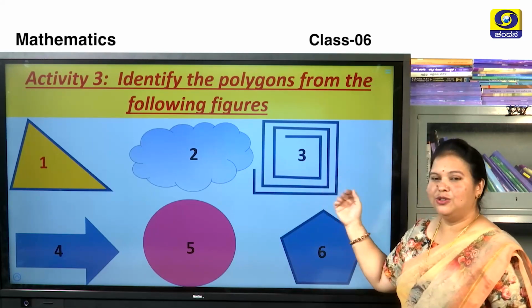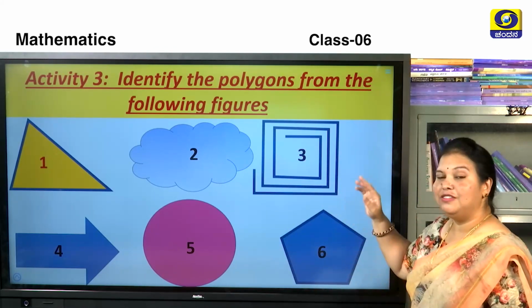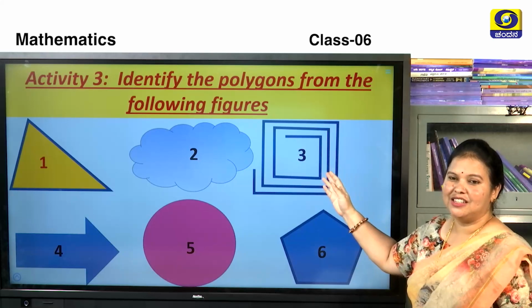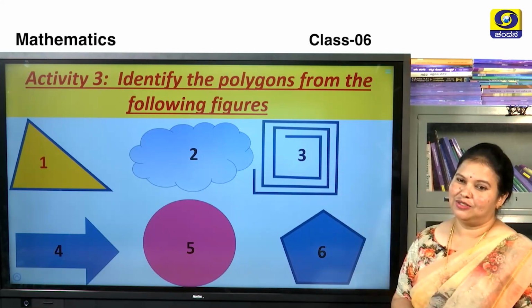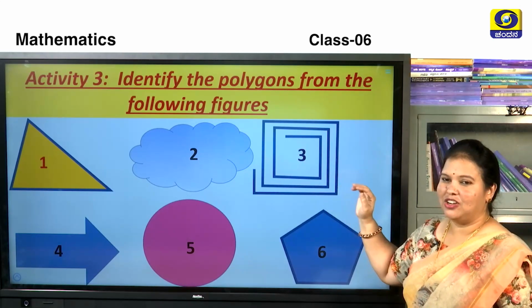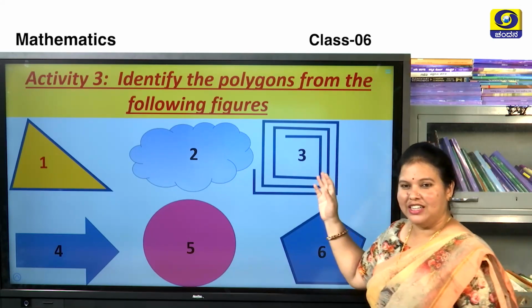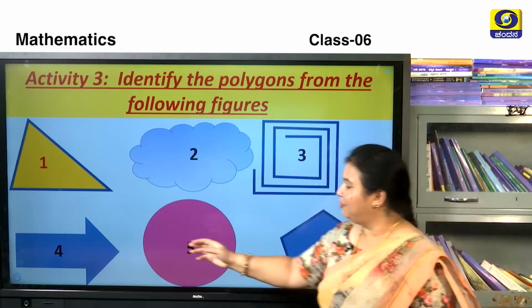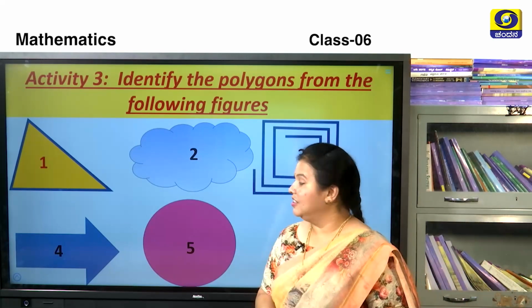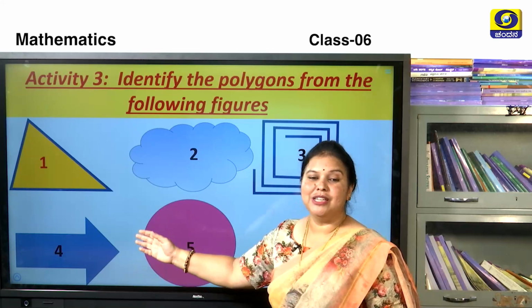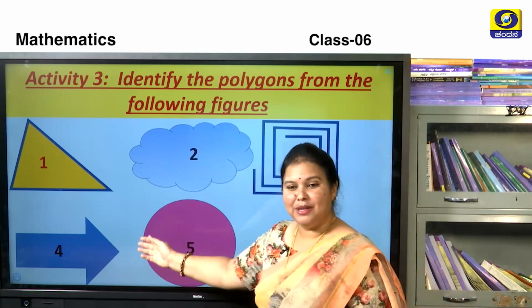So we cannot call it a polygon. And the third one you observe here. Even though it is made by straight lines, we cannot call it a polygon. Think why? Because it's an open figure and not a closed figure. And the fourth one you observe here. It's a closed figure, it's made by straight lines and it's a plane figure also.